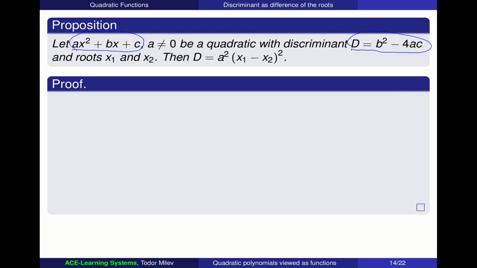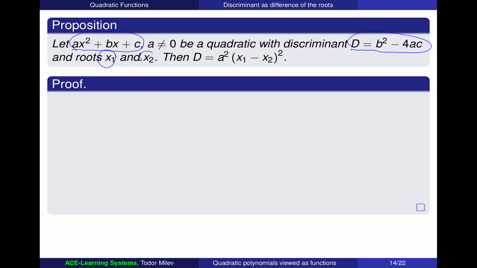So that number D, equal to b squared minus 4ac, has some special properties. Let the roots of the equation ax squared plus bx plus c be x1 and x2.